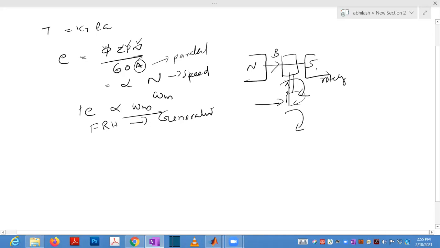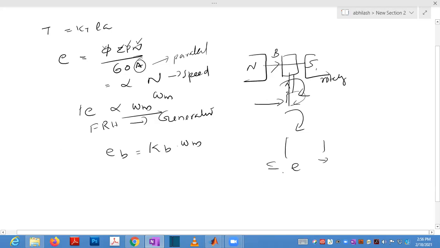The rotation and flux direction remain the same for a motor and a generator, but it is Fleming's right hand rule. So it will generate an EMF that opposes the applied voltage E. That opposing EMF is called back EMF, which is equal to Kb into omega m.